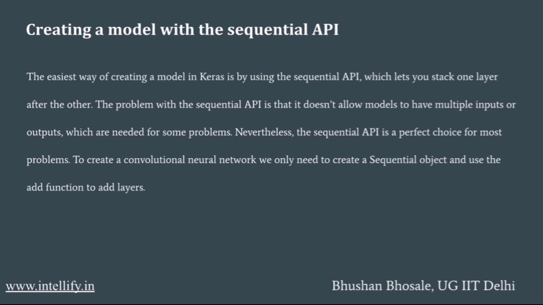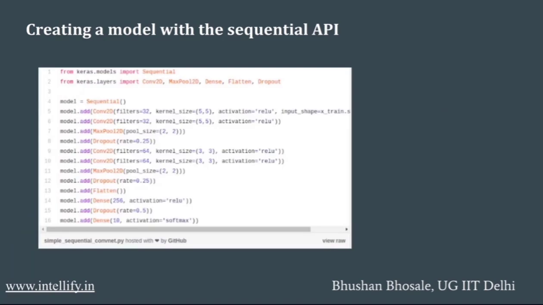We create a sequential object and then we use the add function to add the layers to the sequential. The first line says from keras.models import Sequential, and Sequential is a Keras object that we have imported from the Keras library under the sub library models.